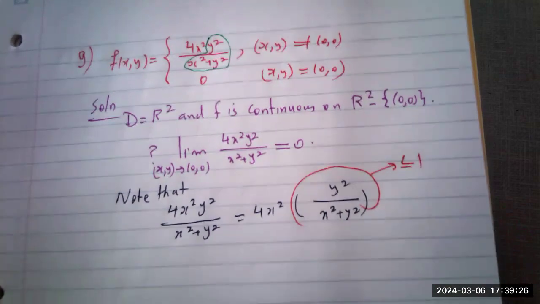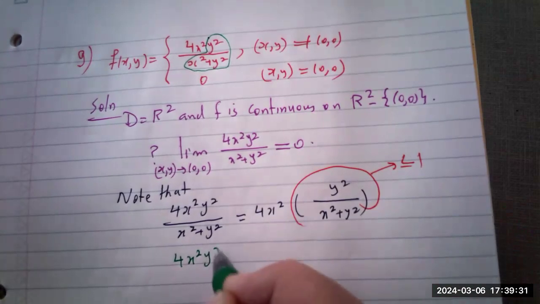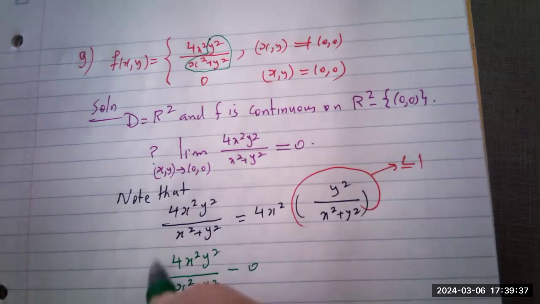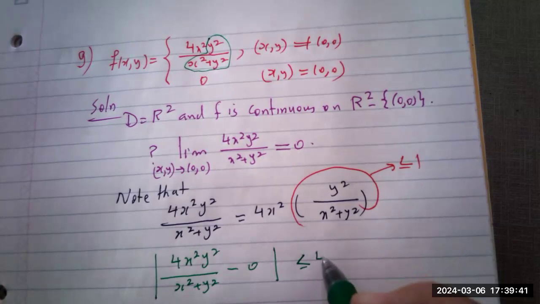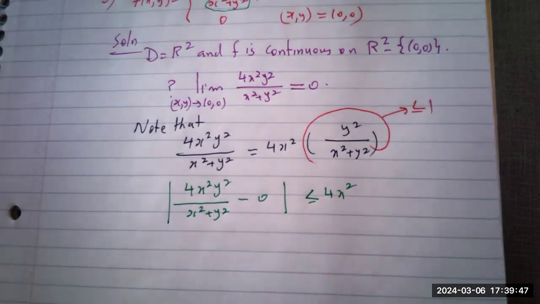So we have the squeeze inequality. This means 4x squared y squared divided by x squared plus y squared minus 0 is less than or equal to 4x squared. So you connect them together. When x goes to 0, this would be 0.